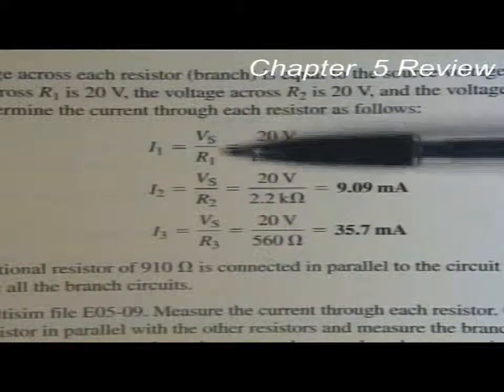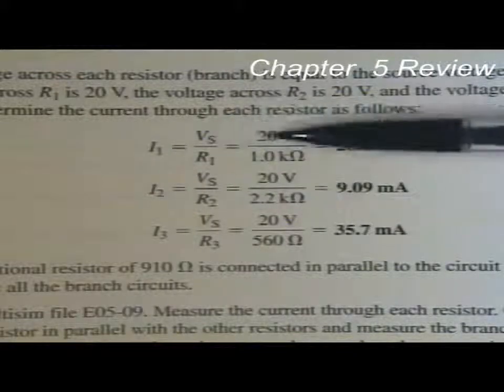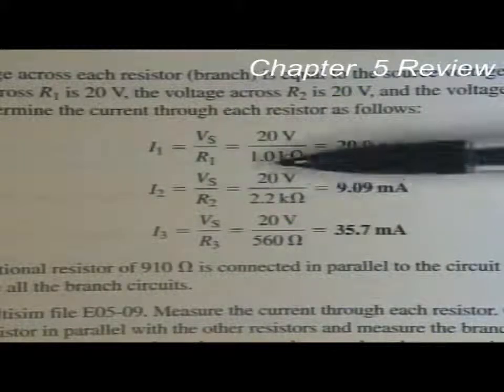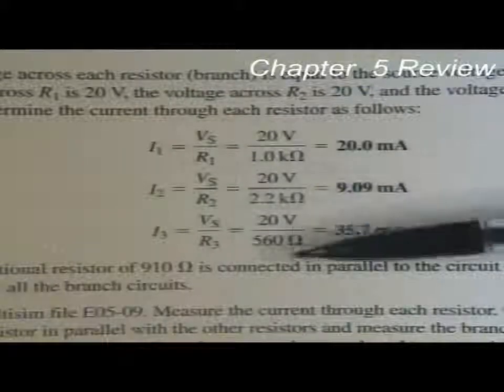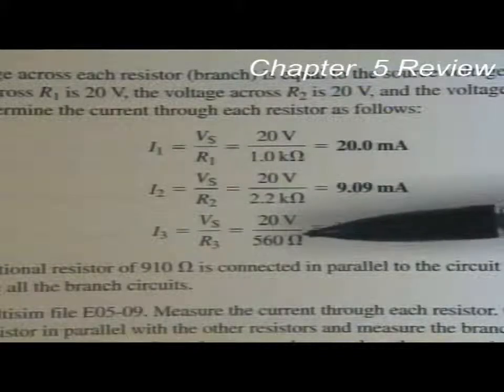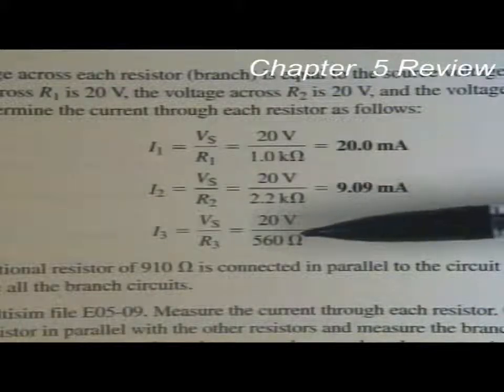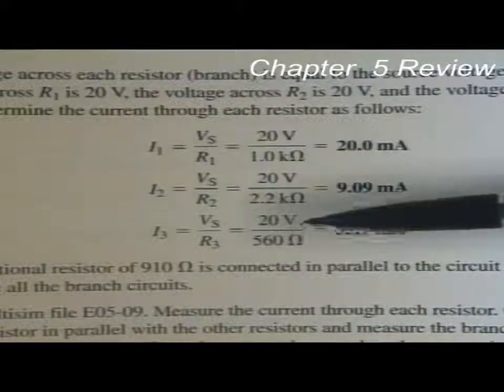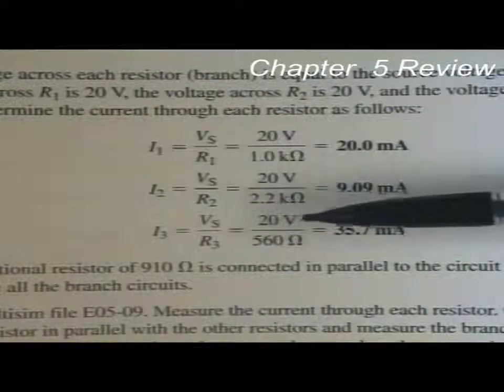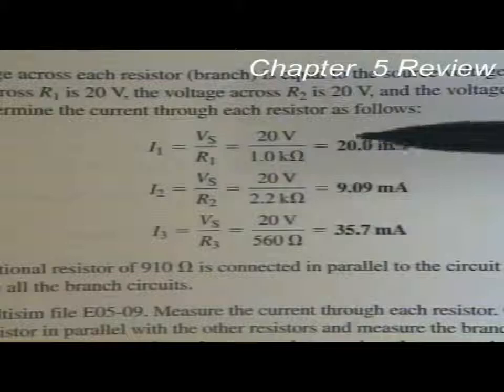Why are we using the same thing, V source, all the time? Why are we using 20 volts all the time? Because in this parallel circuit, the voltage across each component is equal to the source voltage, isn't it?